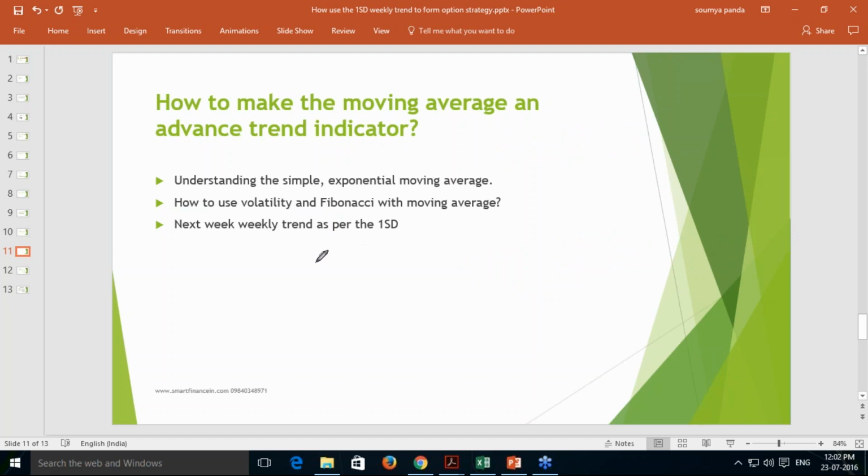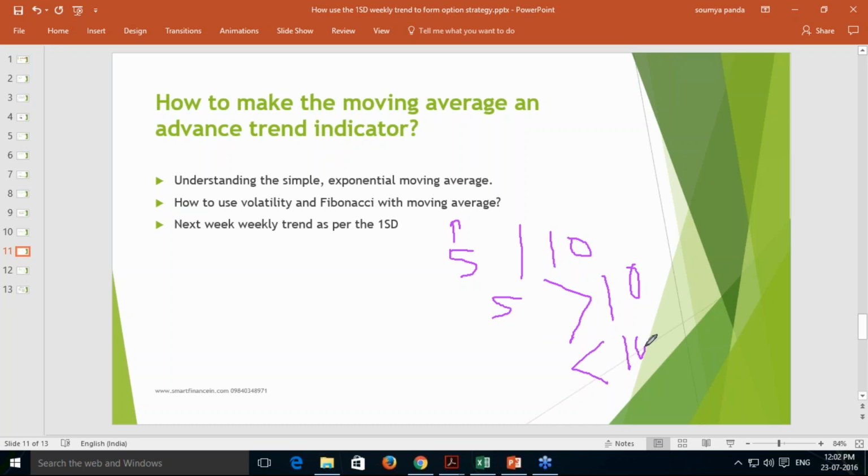This is one method. Second is the moving average crossover. When you compare the 5 days and 10 days moving average, whenever the 5 days moving average is above the 10 days moving average, or greater than the 10 days moving average, at that time you used to say that the trend is up. When the 5 days is less than the 10 days moving average, you used to say that the trend is down.